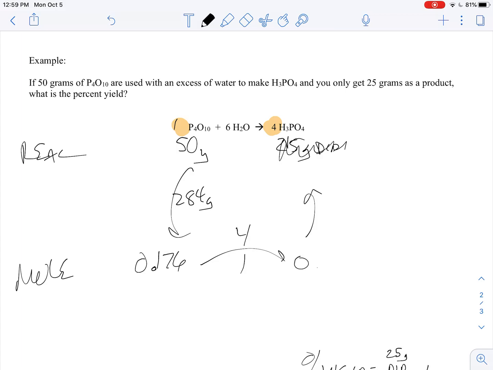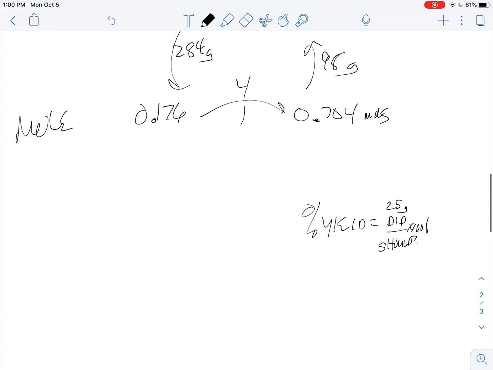So I should have 0.704, give or take, moles that are there. And now I need to know the grams. So that's 64 for my oxygens and 31 and another 3. That stuff weighs 98 grams per mole. At my 0.704 gets me about 68.9, about 69 grams that you should be getting.